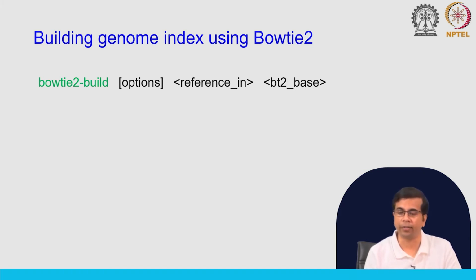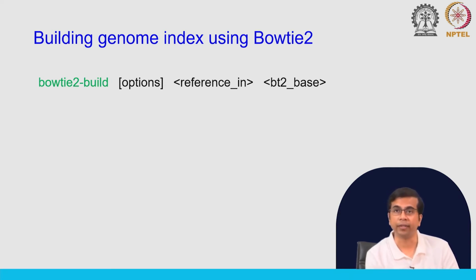I am showing you how you should run this command in the terminal. This is bowtie2-build followed by certain options which might be useful in certain cases, followed by this reference_in. This is the list of reference genome sequences.